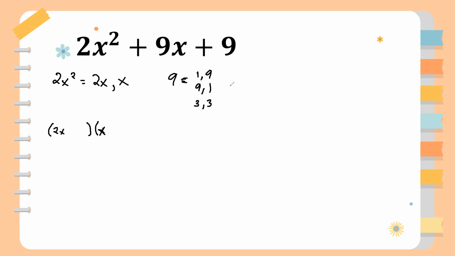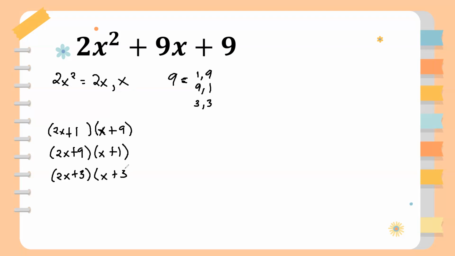So, ang gagawin lang natin para ma-check natin lahat, isa-isahin natin. So, we have 2x plus 1 times the quantity x plus 9. Next, we have 2x plus 9 times the quantity x plus 1. And then itong pangatlo, we have 2x plus 3 times the quantity x plus 3.